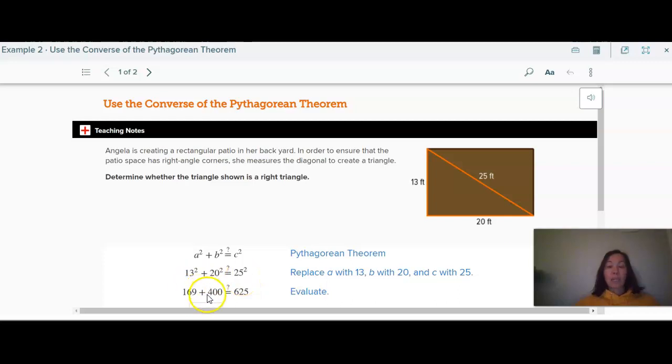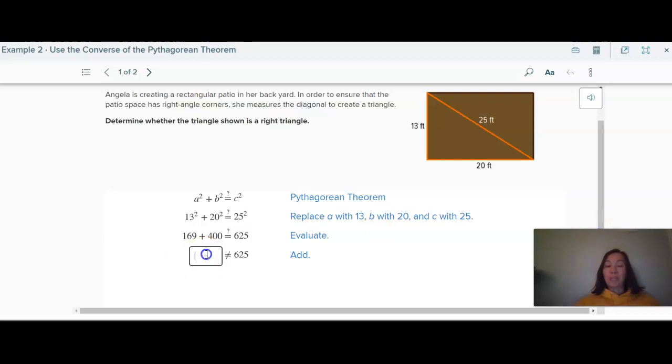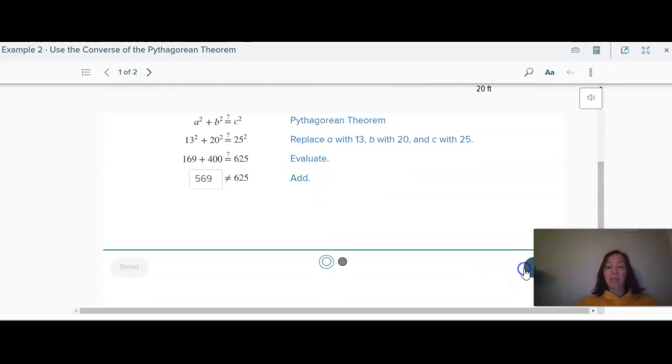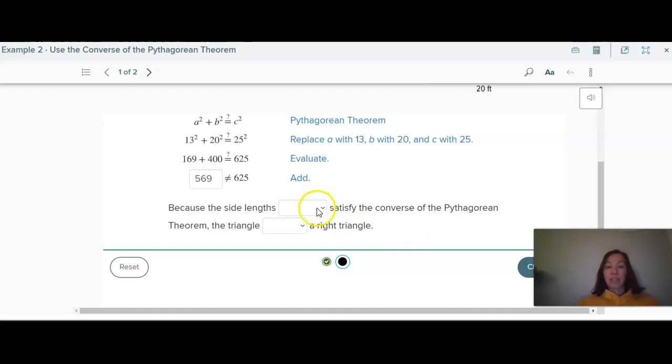Well, this is 169 plus 400, and you should be able to see that this is 569. It is not equal to 625. Since they do not satisfy, it is not a right triangle.